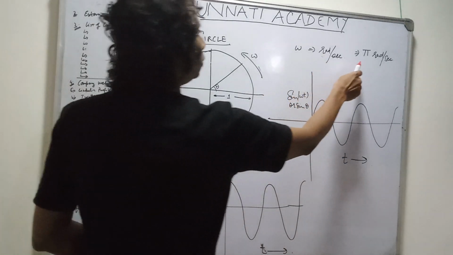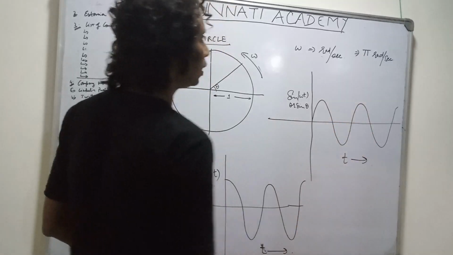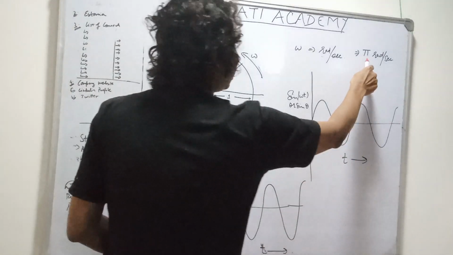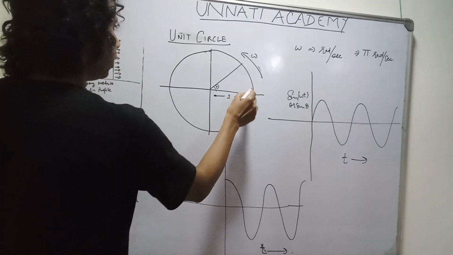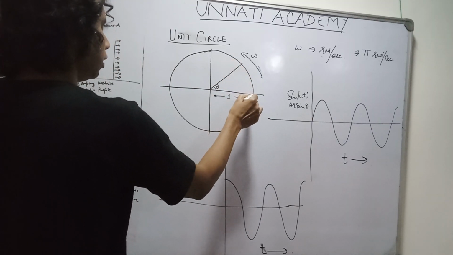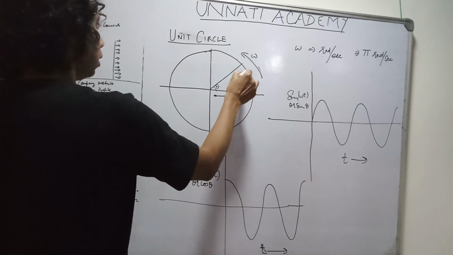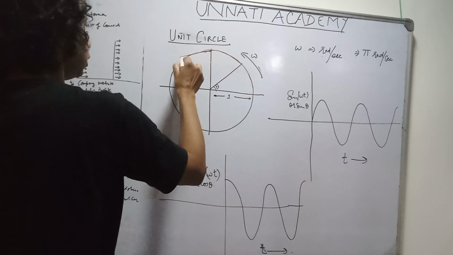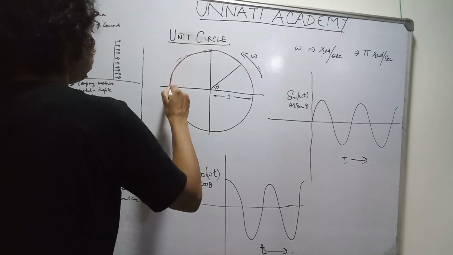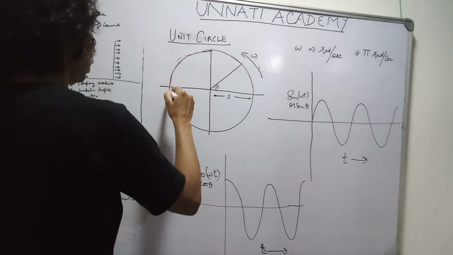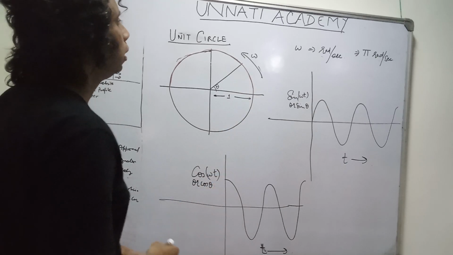We assume it's going around the circle at a speed of pi radians per second. So pi radians per second would mean that this radius vector covers half the circle in 1 second, because pi is half the circle and 2 pi is the full circle.